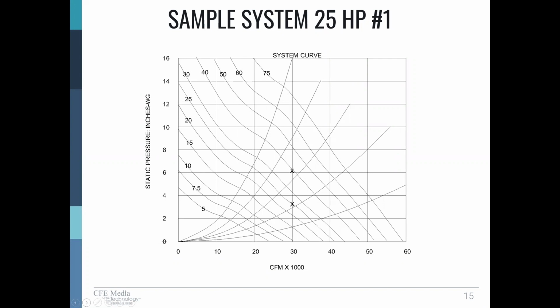And the lower X, there on the same line, that is just about 3.3 inches, is the operating point for the 25 horsepower motor. So we dropped 2.8 inches of static pressure on this fan, and we didn't change anything else. So you ask, how did that happen? Well, that's coming up.